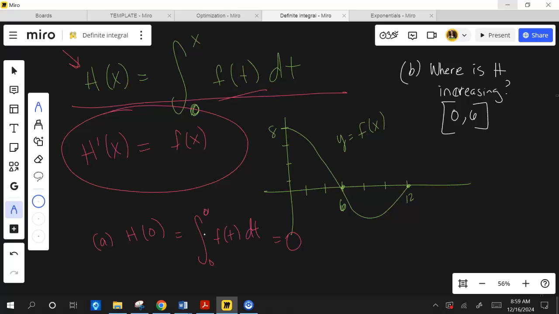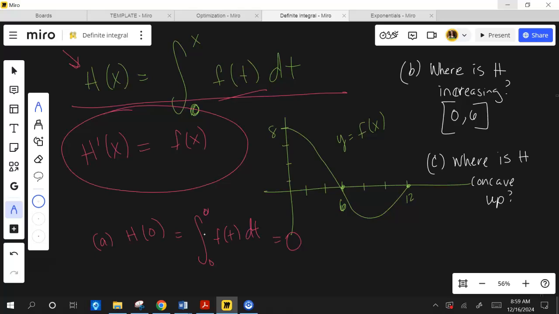Part C. Where is h concave up? Think before you answer. So this is the first derivative.